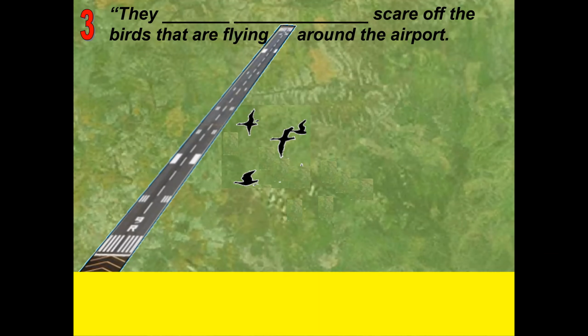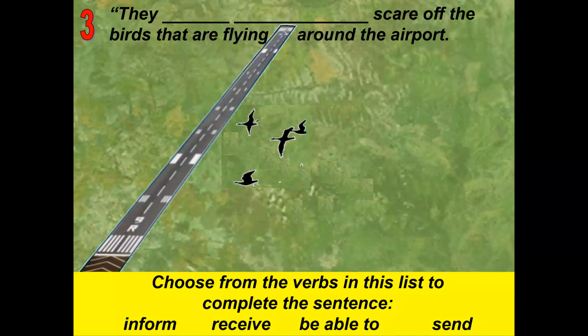We're just using haven't, hasn't, is, isn't, that sort of thing to decide whether something is ongoing or not. For instance, they blank scare off the birds that are flying around the airport, and use be able to and conjugate that.